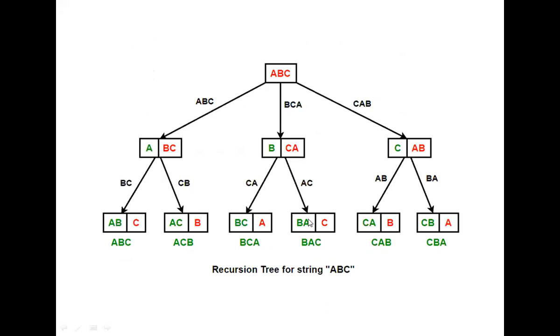We call it a recursion tree or solution tree. So this method we call tree organization. If you want to solve a backtracking problem, we use the solution tree or state space tree. Okay, we follow this method.